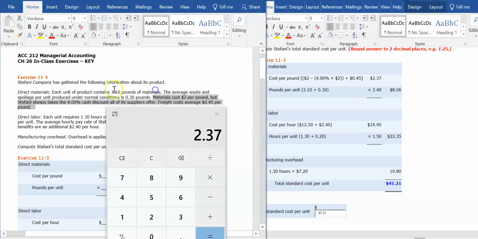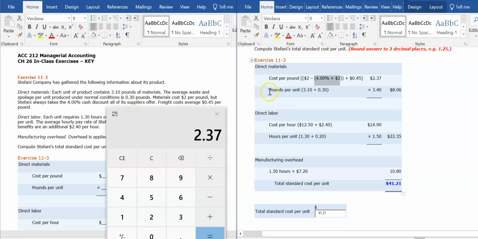Then each unit of product uses 3.1 pounds of that material. The average waste and spoilage per unit under normal conditions is 0.3 pounds, which means that in order to complete a unit, we need 3.1 pounds of materials. In order to get that 3.1 pounds, we will incur waste and spoilage, right? So there's going to be scraps as we're making the unit.